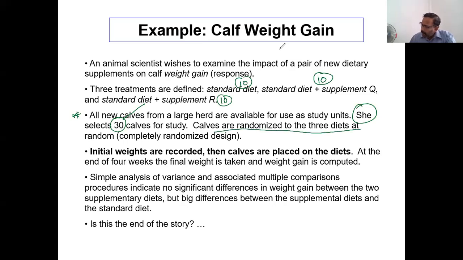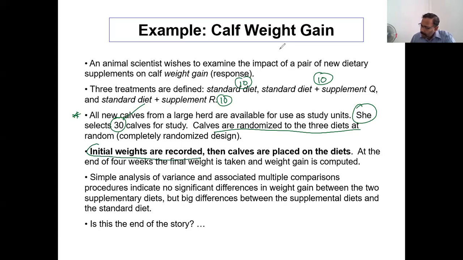So cows are randomized. We don't give any priority to any cows for any treatment. We randomize, and these 3 diets are given to the cows at random, and the initial weights are recorded.